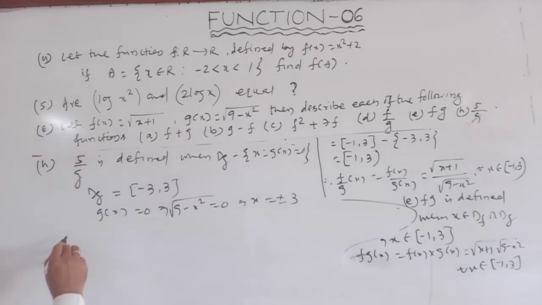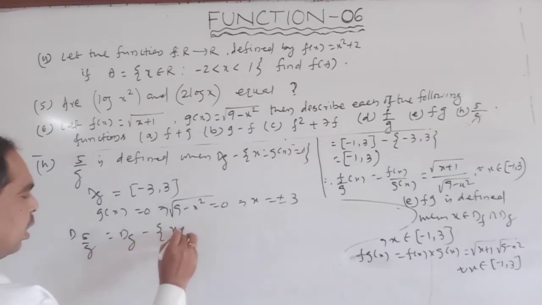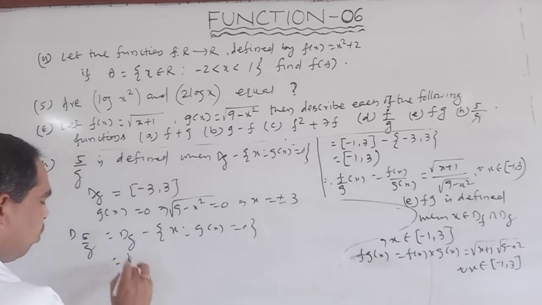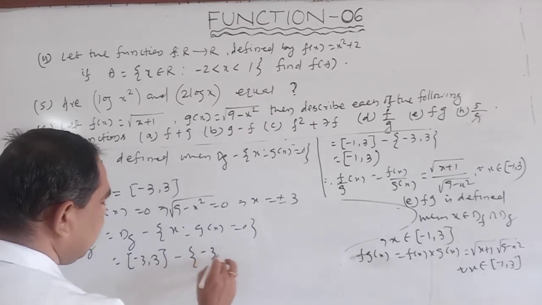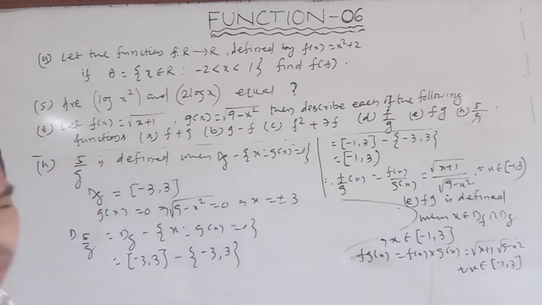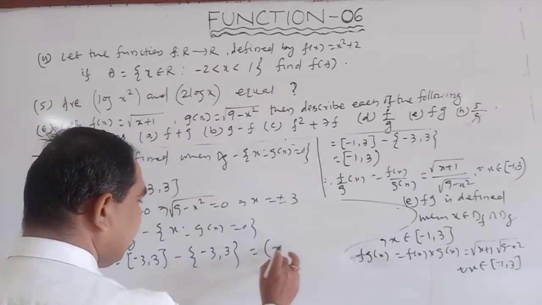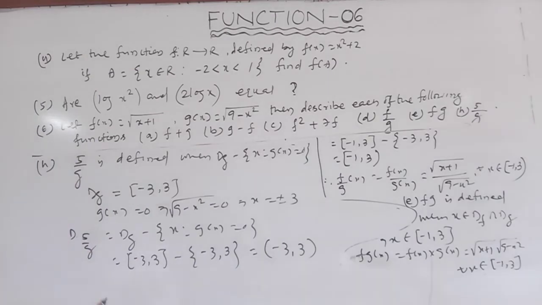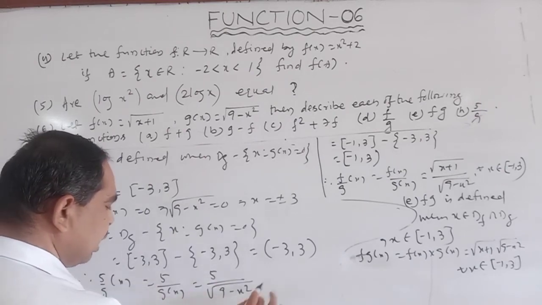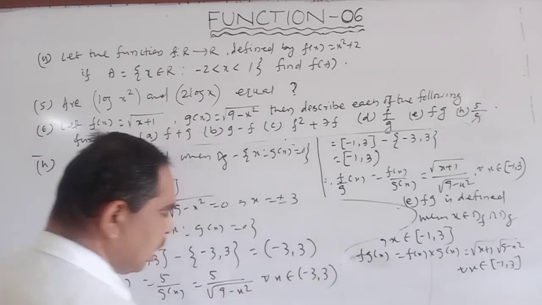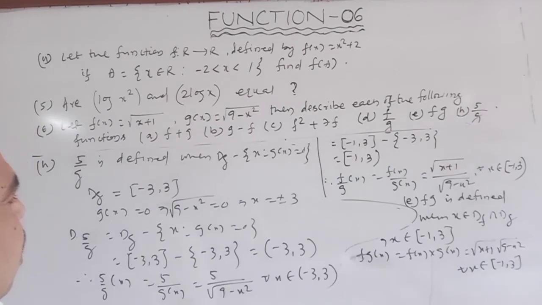So the domain of phi by g is equal to domain of g minus x such that g of x is equal to 0, which is minus 3 to plus 3 minus the set minus 3 comma 3. So it is the open interval minus 3 to plus 3. Therefore phi by g of x is equal to phi by root 9 minus x square, for all x belongs to the open interval minus 3 to plus 3. So these are the functions described in each of the given cases.